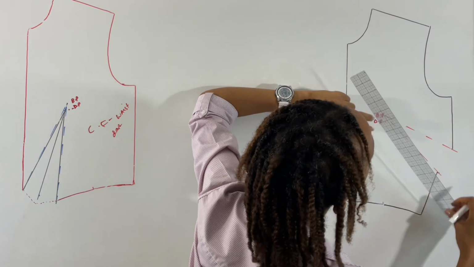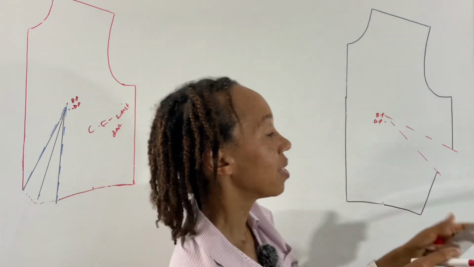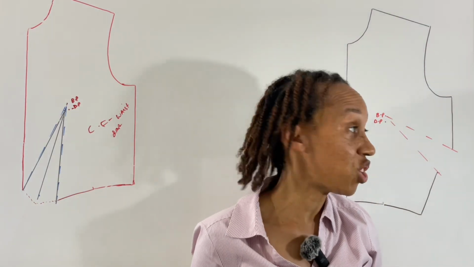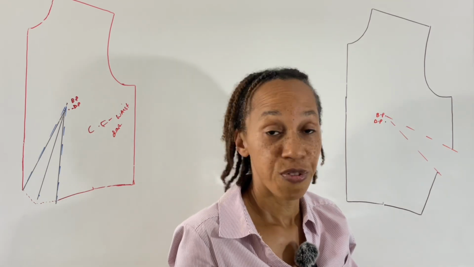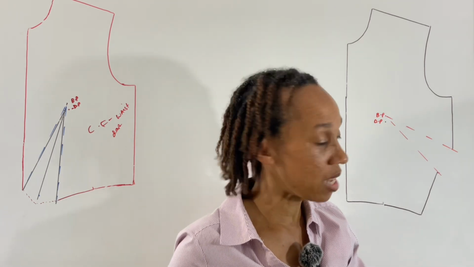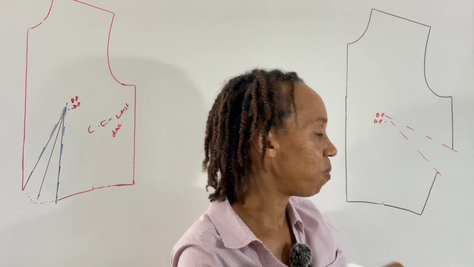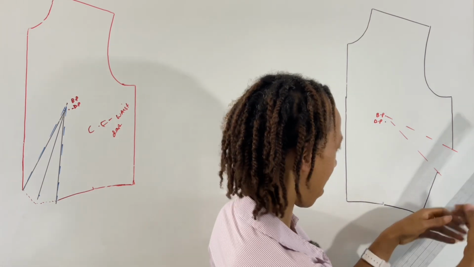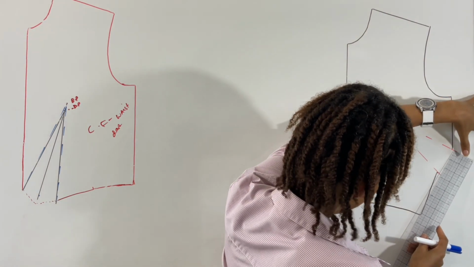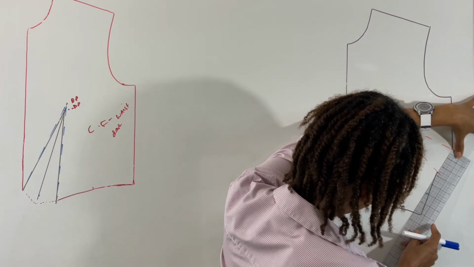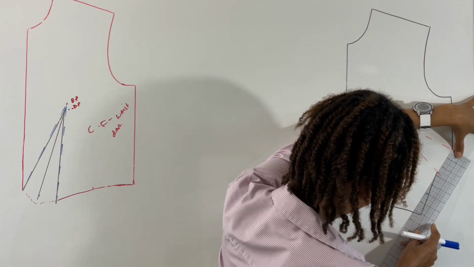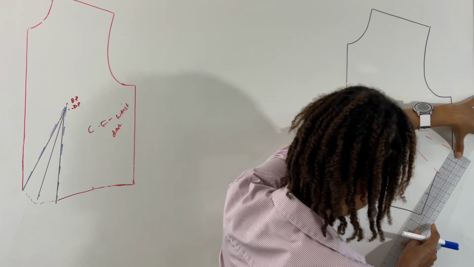Okay, and what you're going to do next, same procedure as before, we are going to find our center for the dart. So we're going to find the center for the dart, and we are going to measure the width of this dart right here. And I am measuring, and I'm getting a span of 2 3/4, so I need 1 3/8.